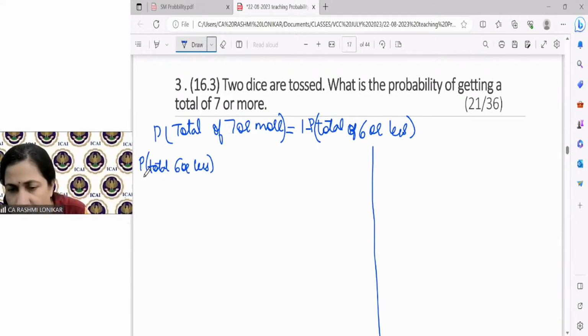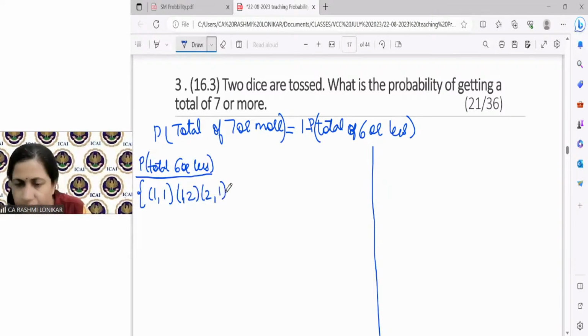So what will happen here is, first let me consider total is 2: 1, 1. That is the lowest total possible. Then 3: 1, 2 and 2, 1.